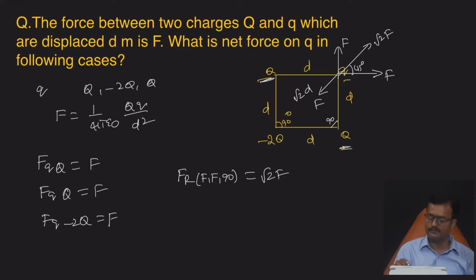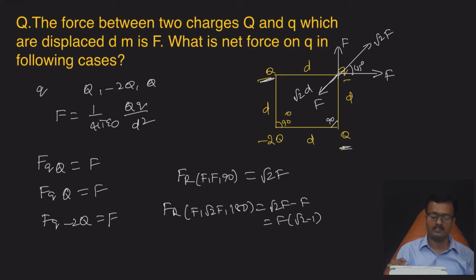Root 2F. See, the force on Q due to the minus charge is along this direction. That is exactly opposite to the root 2F. Now, the resultant of force F and root 2F makes an angle of 180 degrees, so both are in opposite directions. So the resultant in magnitude is root 2F minus F. F is common, so that is root 2 minus 1.